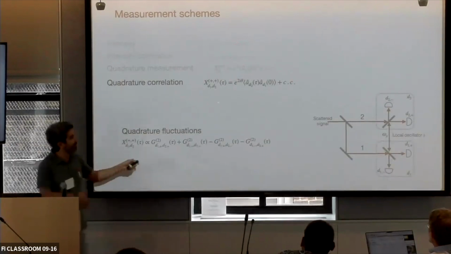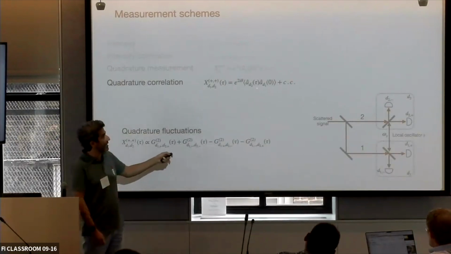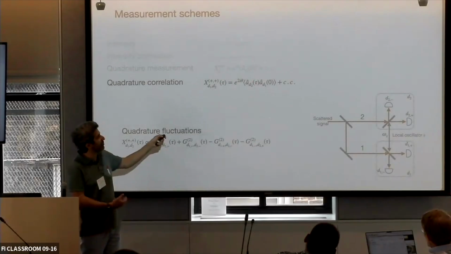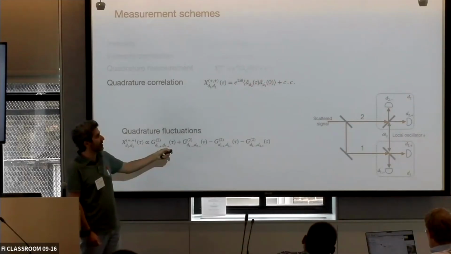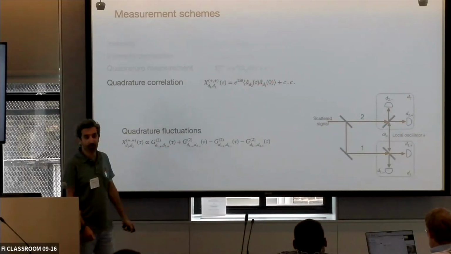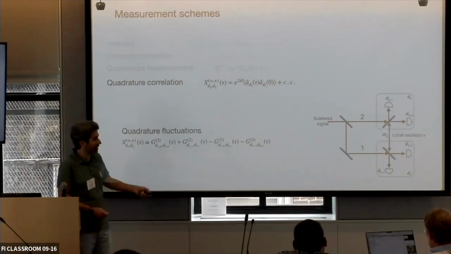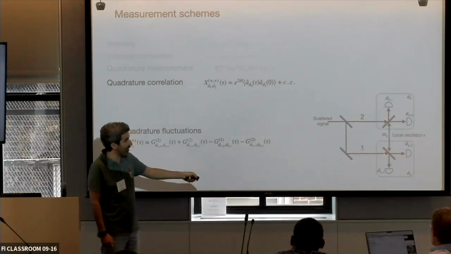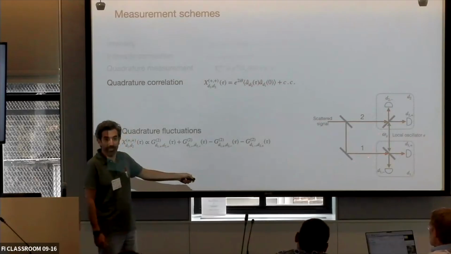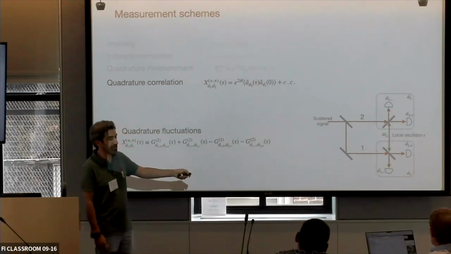Now I can even go further. Similar to the G2, I can mix the quadrature and the G2 and measure these kinds of correlators. So this is the correlation between two different quadratures, even delayed in time. What you do is take your light, split it into two parts, and do a dual homodyne measurement using the same local oscillator.